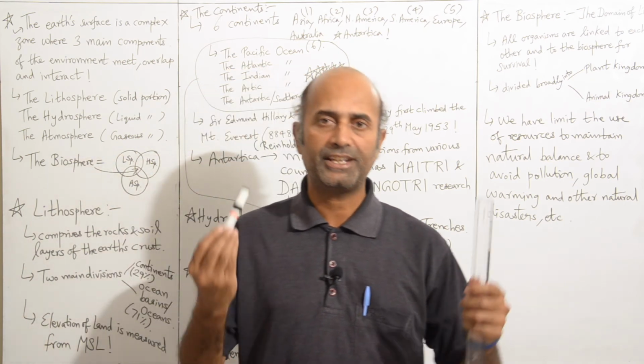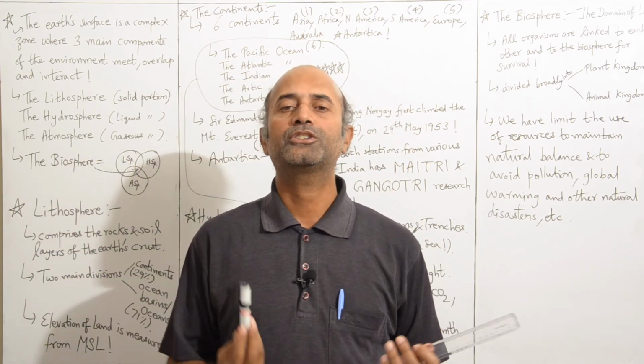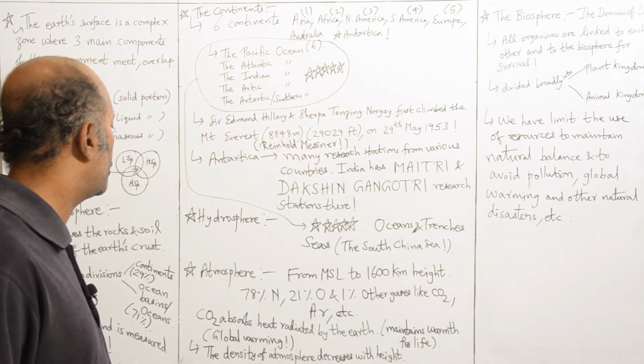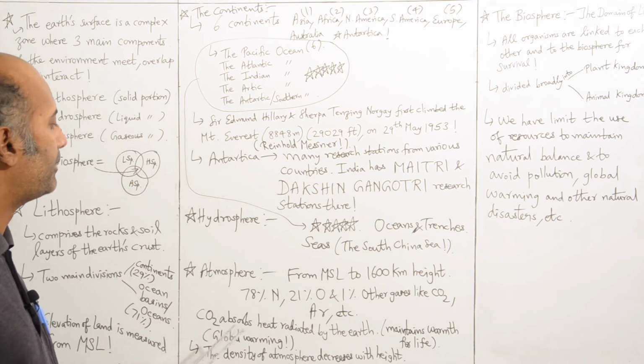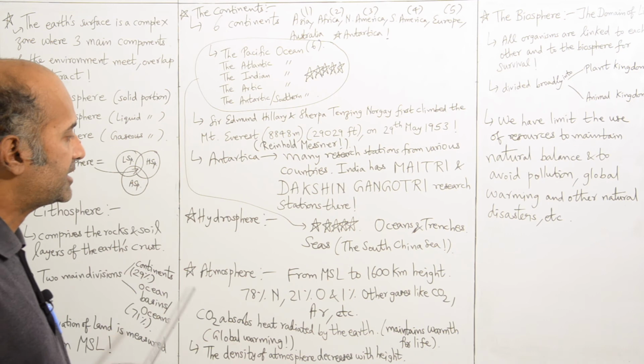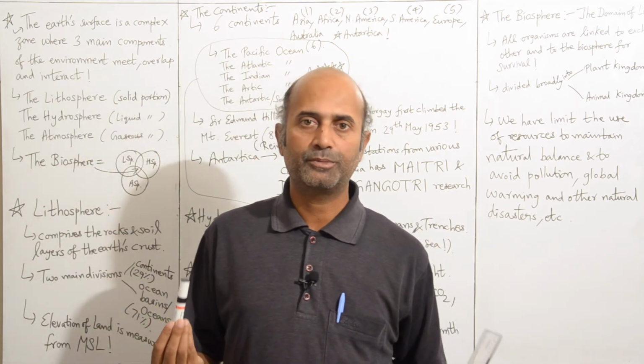This carbon dioxide helps us to maintain warmth on the earth. Otherwise, all the organisms will die of the cold. So that's why we should be thankful for carbon dioxide for absorbing heat radiated by the earth, and it helps maintain the required warmth for sustaining and thriving of life of all the living organisms present on the earth.